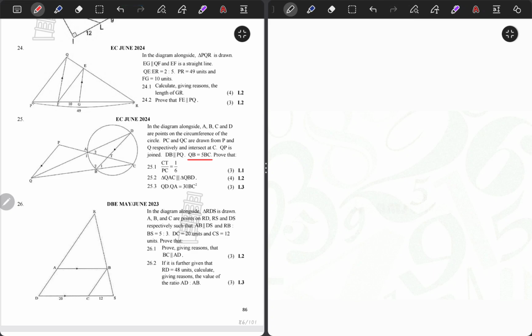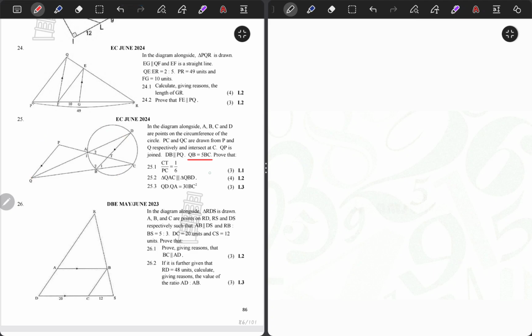So we're given that QB equals 5 BC. What can we do with that information? We can update the diagram.